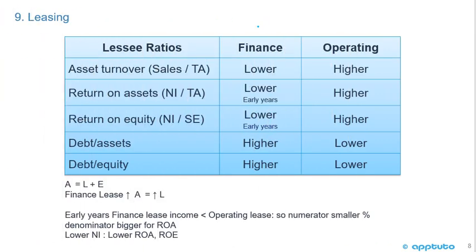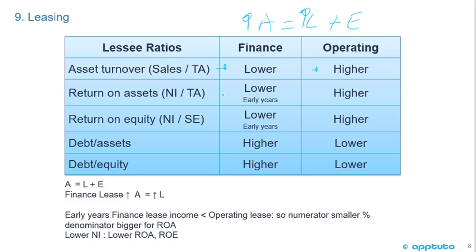So moving on now to look at some of the ratios for the lessee, and these are from the lessee's point of view. I've got the asset on my books, equals liabilities plus equity. So as I've said, my asset's gone up and my liability's gone up. So you can see, always look at your numerator and denominator, what's happening. My asset turnover is going to be lower because my assets are higher, okay, under a finance lease. So under an operating lease, my asset turnover is going to be higher.